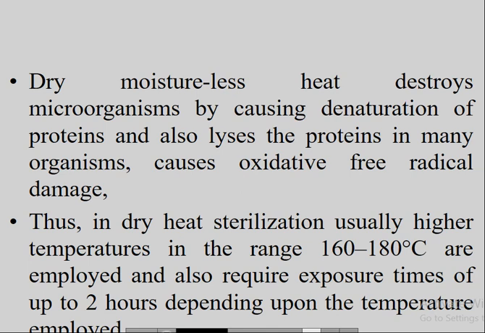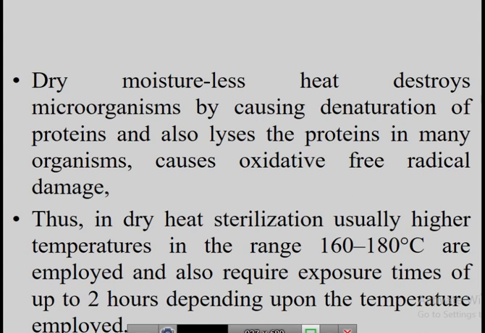In this method also, the microorganisms die, and this death is due to denaturation of the proteins. Denaturation means conversion of folded protein to unfolded protein. This results in a loss of function of the protein. It also results in lysis of the proteins.